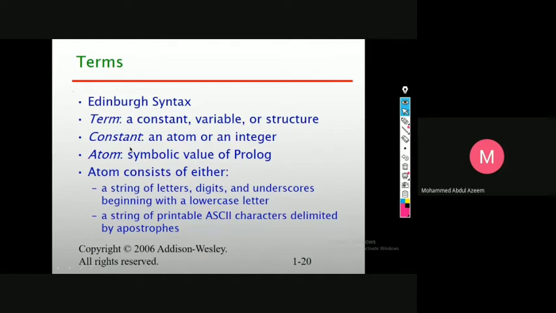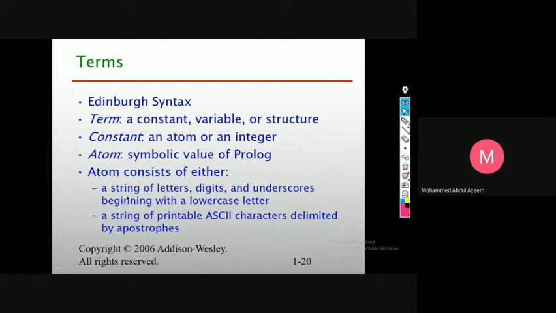So here, if you look at the different terminology that you are going to use as part of logic programming, you find term, constant, atom, right? Term is a constant or a variable or a structure. Constant is an atom or an integer. Atom is a symbolic value of Prolog.